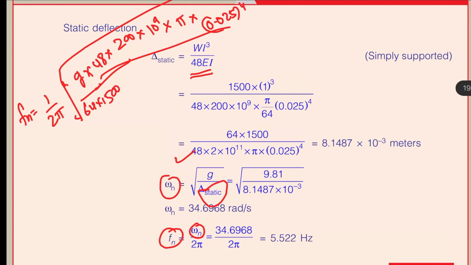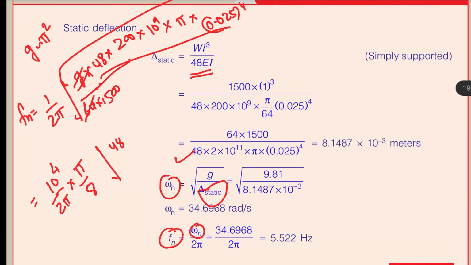Now the very first thing that I'm going to do is take certain things out of a square root so that my square root calculation can be easier. That will be our first step. So this gives me 1 upon 2 pi, multiplied by 1 by 8, as that 64 will become 1 by 8, and g, as I have told you, g is almost equal to pi square, so I can take it out as pi. Then I am going to have 10 raised to power 9 also, so I will take 10 raised to power 4 out, so that 10 will only remain there.